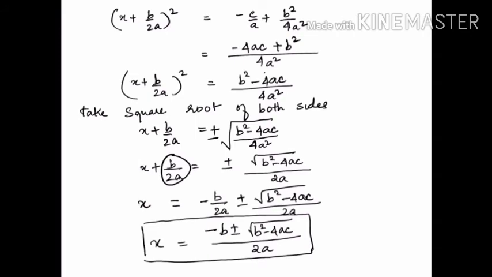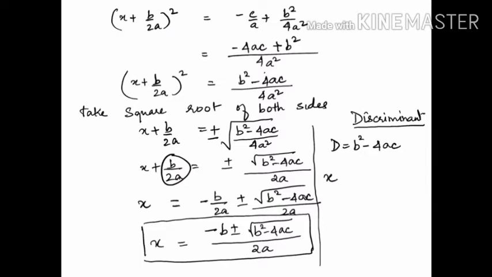The term inside the root, that is b square minus 4ac, is called the discriminant, which is denoted by capital D. So discriminant is equal to b square minus 4ac. So we can write the same formula, x equal to minus b plus minus square root of D upon 2a.